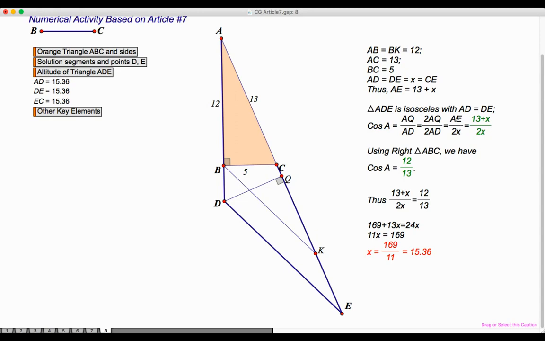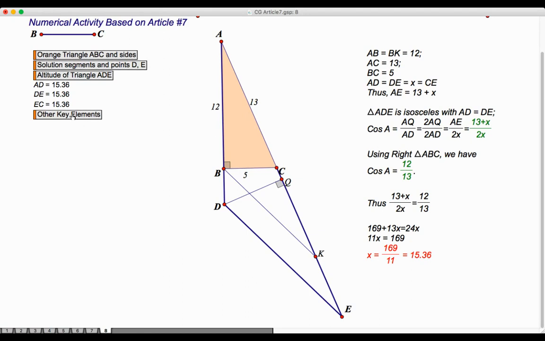That's why it becomes AE over 2x. But AE is actually equal to 13 plus x, and therefore I have this value, and the other value of cosine A is 12 over 13. Putting them together, simple algebra will lead us to 169 over 11.